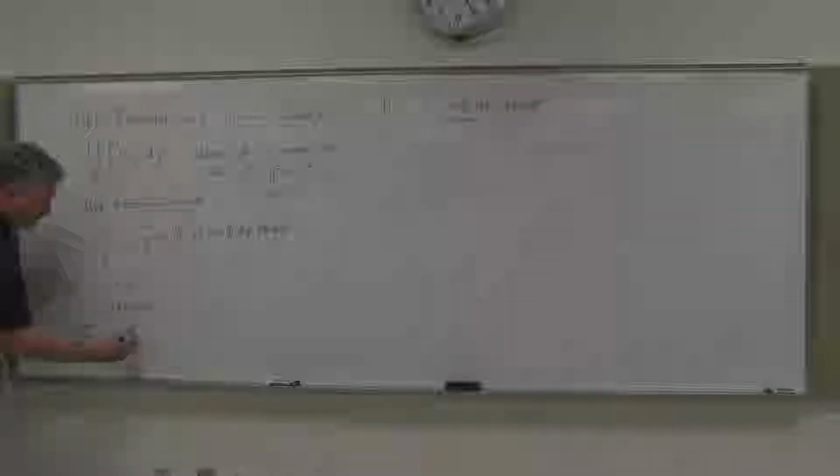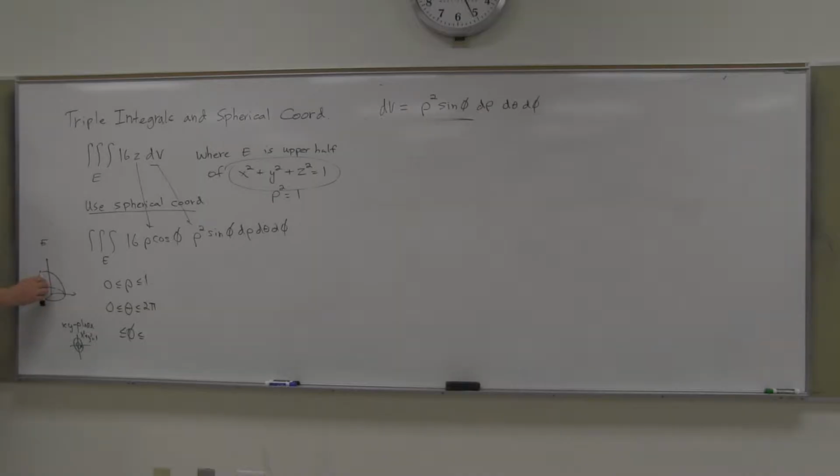Now all that's left is phi, right? What values of phi do I range through here? This was actually a fairly nice one. Phi is the angle that we make with the positive z-axis. If you think about all the points in this half sphere, upper half, what angles of phi do we have?